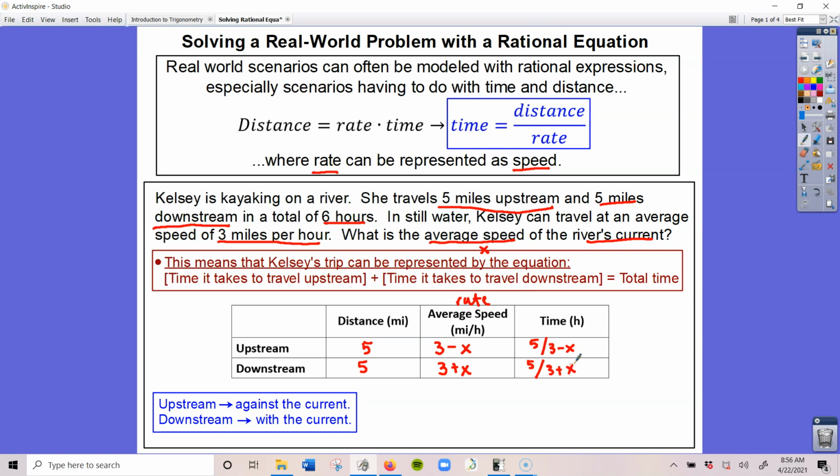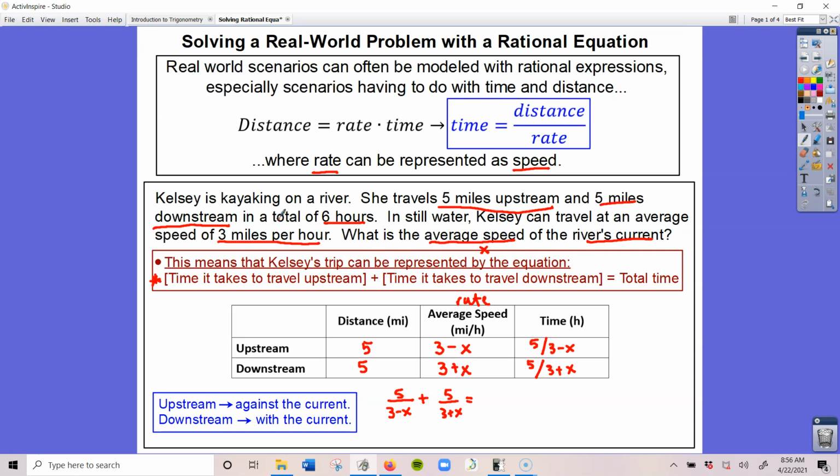So now I'm going to come back here to my verbal description so I can write out the equation that I'm going to use. We have the time that it takes for her to travel upstream. This is the time, 5 over 3 minus x, plus the time that it takes for her to travel downstream, which is 5 over 3 plus x, and that's going to equal the total time.